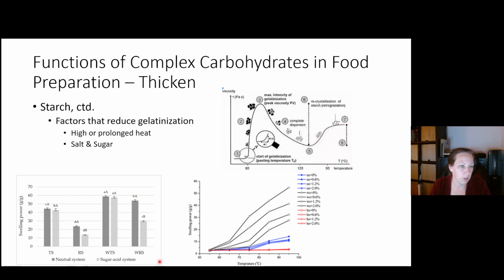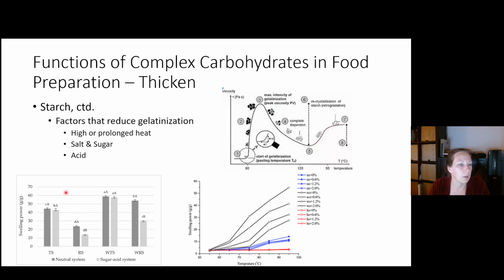This figure here is looking at different types of starch in either a neutral, so just distilled water system, or a system where they've added both sugar and acid, because acid can also affect gelatinization too. We have the TS is tapioca starch, RS is rice starch, and then the WTS and WRS are the waxy versions of those that, remember, have more amylopectin in them.